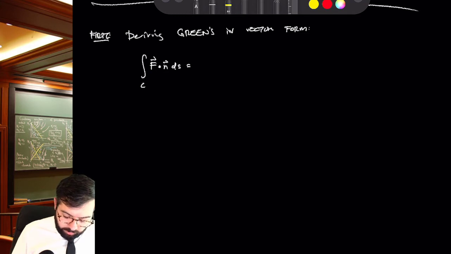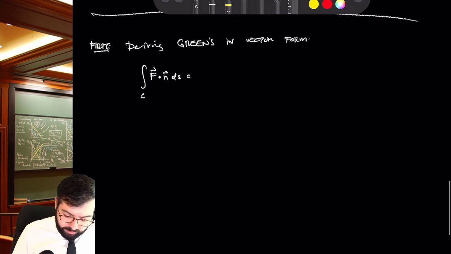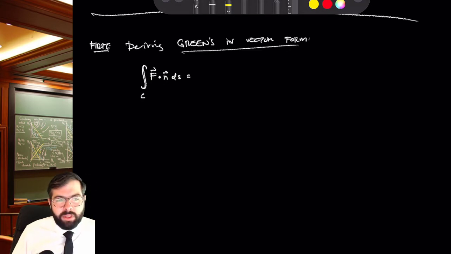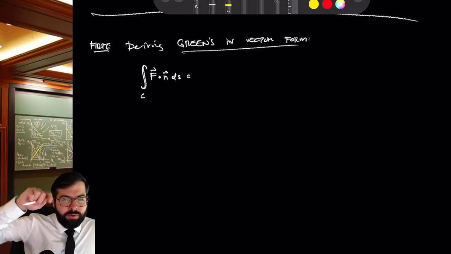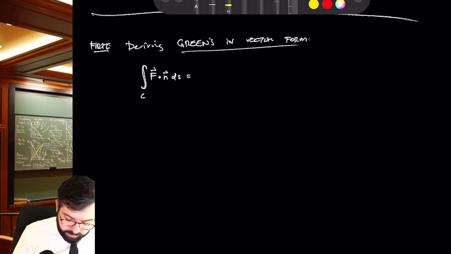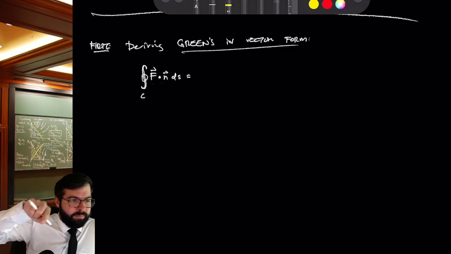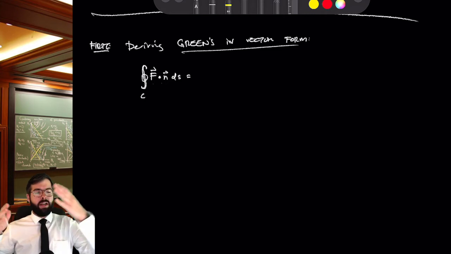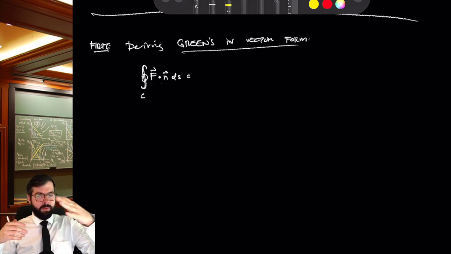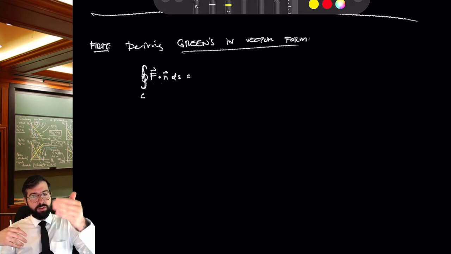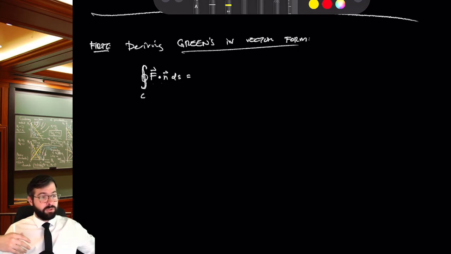So if we start with this line integral over C, again, remember Green's is in 2D, okay? So it's around the boundary curve of a 2D region. So if we start with this on a closed curve C, the vector field dotted with the normal with respect to arc length. Okay, so what's the component of the vector field dotted with the normal, so going perpendicular to the curve.